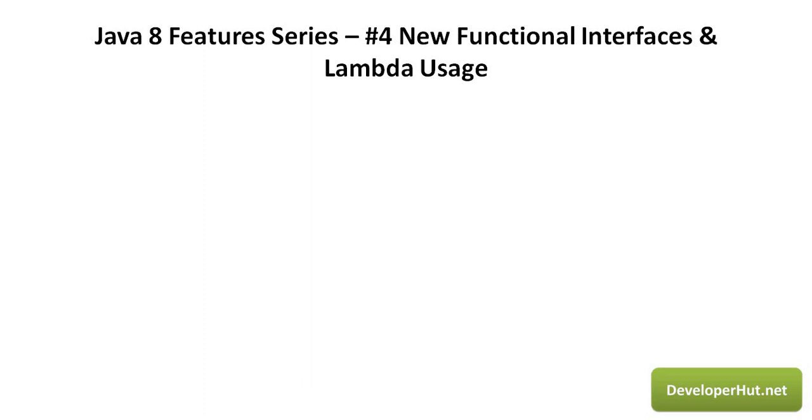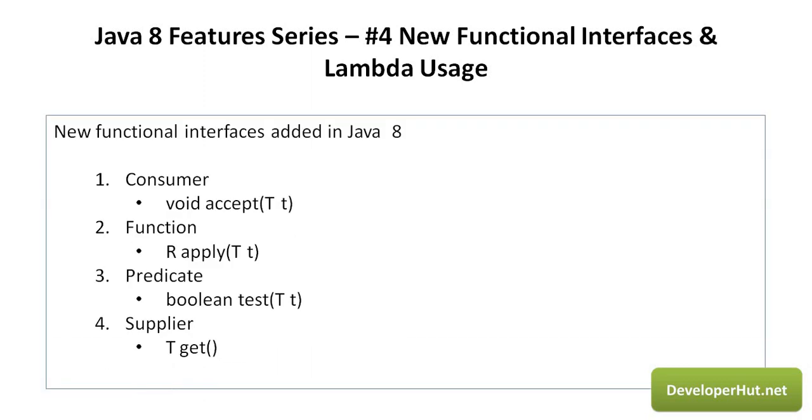So let's move ahead with our current topic, which is newly added functional interfaces and their respective Lambda usage. In Java 8 there are a lot of functional interfaces added. Out of those there are four very basic interfaces which I am going to cover in this video session.